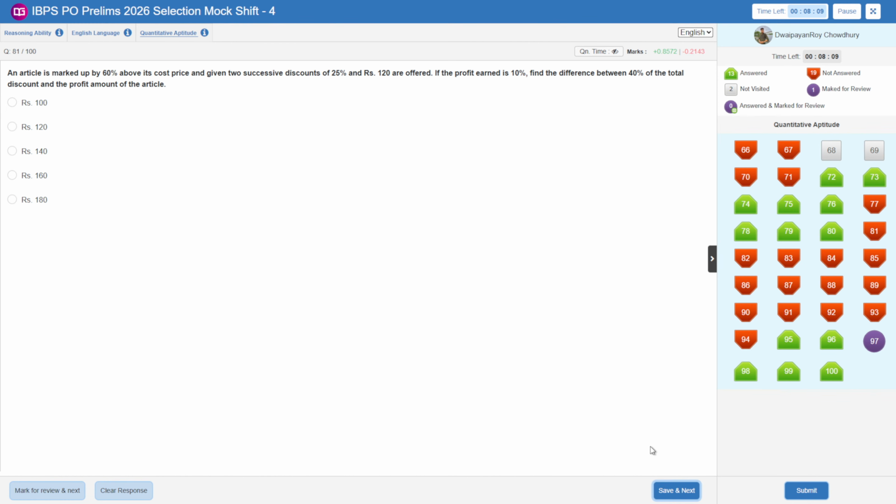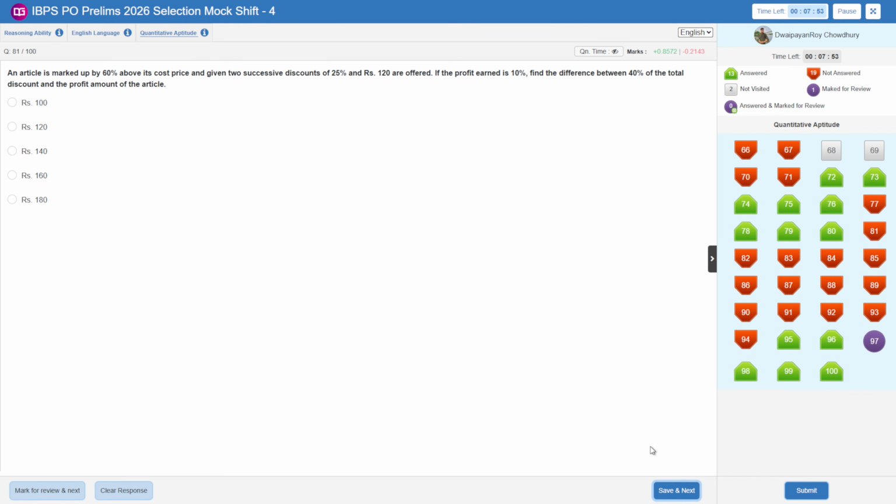Article marked at 60% above cost price, given two successive discounts of 25% first, so 120, and then 120 offered discount. Okay, profit still earned is 10%, so 110. So this 10 is equal to 120.